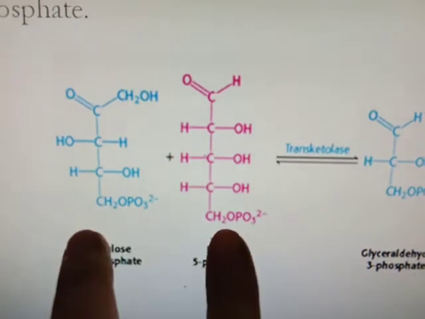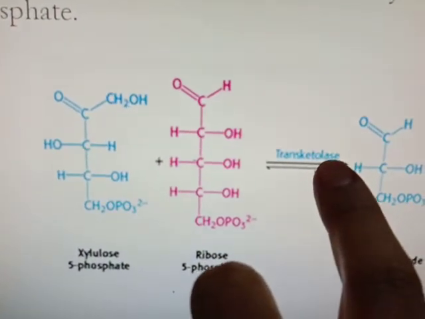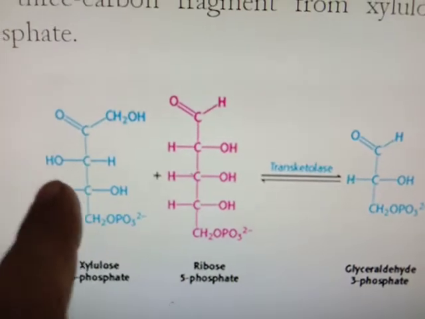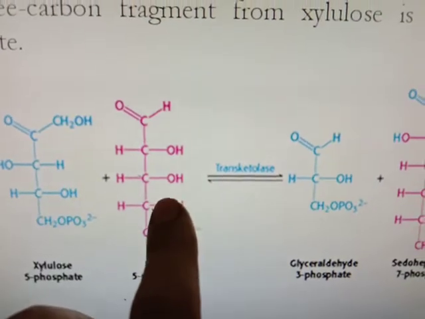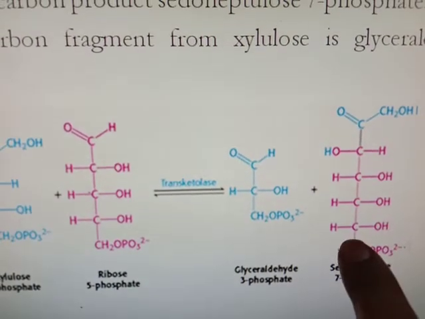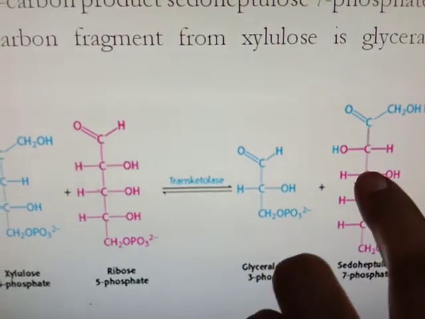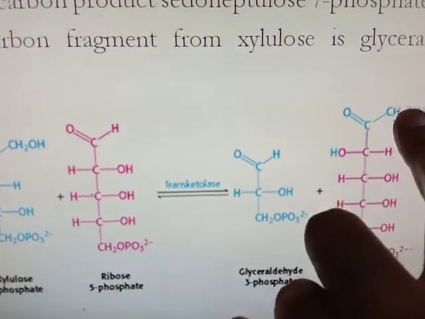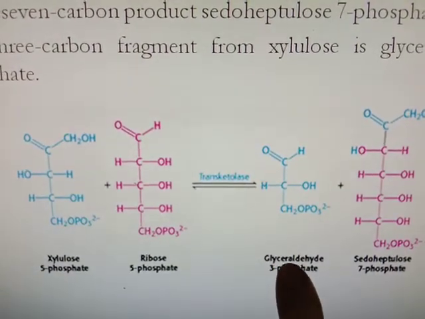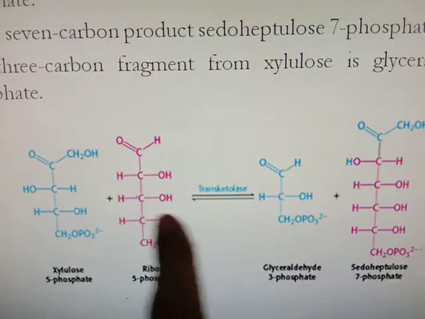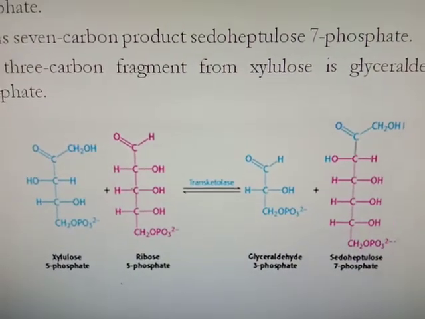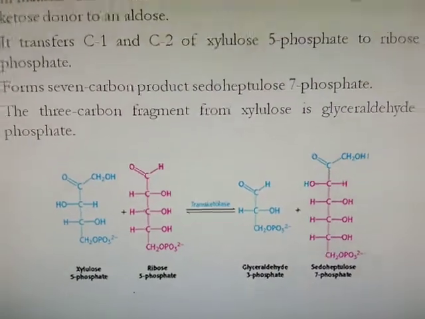Then on these two molecules transketolase will act. Two carbons from xylulose 5-phosphate, carbon 1 and carbon 2, will transfer to ribose 5-phosphate to form a 7-carbon sugar called sedoheptulose 7-phosphate. 1st carbon, 2nd, 3rd, 4th, 5th, 6th and 7th carbon. The rest of the 3-carbon molecule will be glyceraldehyde 3-phosphate from xylulose, whereas the 2 carbons will be transferred to ribose 5-phosphate to form sedoheptulose 7-phosphate.